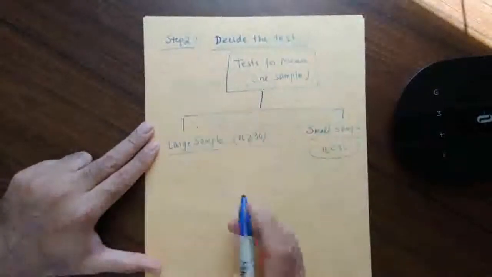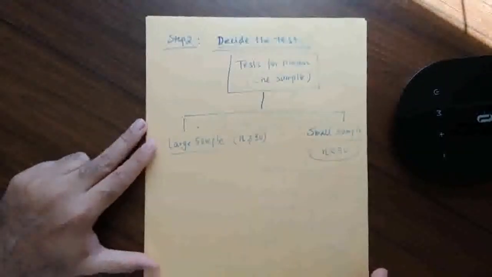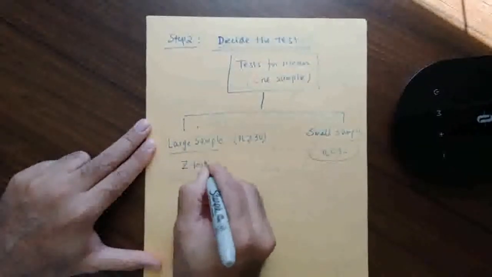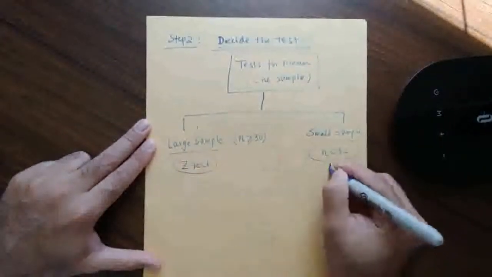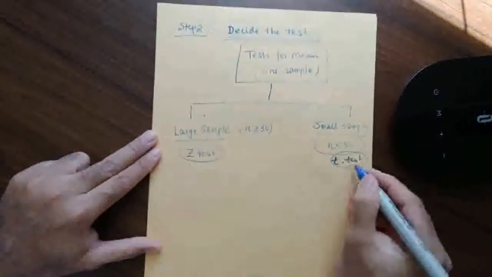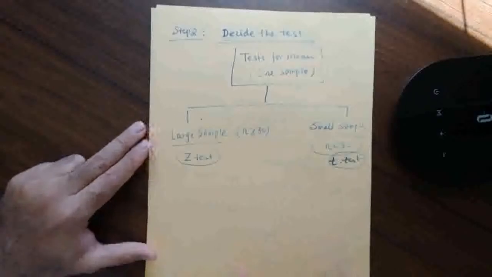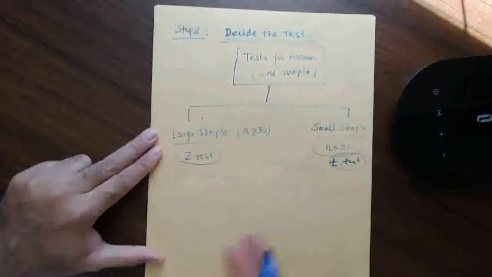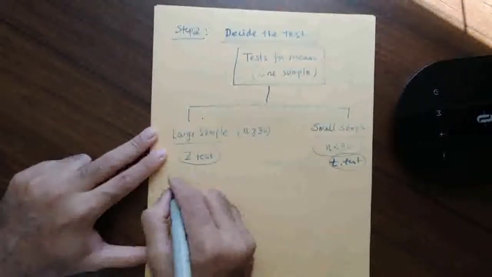That's the setup. Now for this one we use a z-test, and for this one we use a t-test. So there's a z-test, there's a t-test, that's the difference. Now again, we are not going to do this by hand like the book is doing all the calculation by hand, but we will use R.